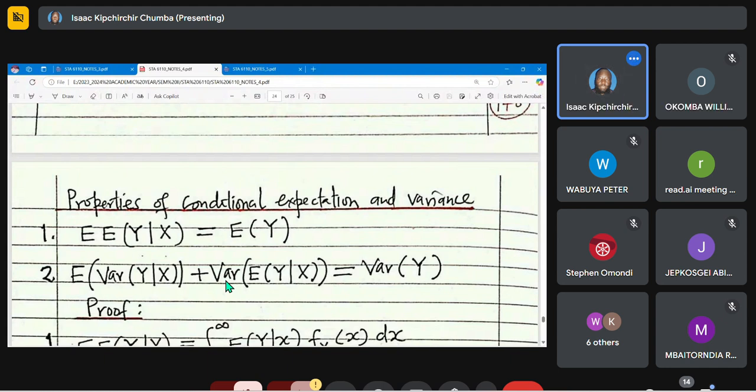These are talking about conditional variance of y given x. And actually it says we have seen that this is a conditional mean of y given x.